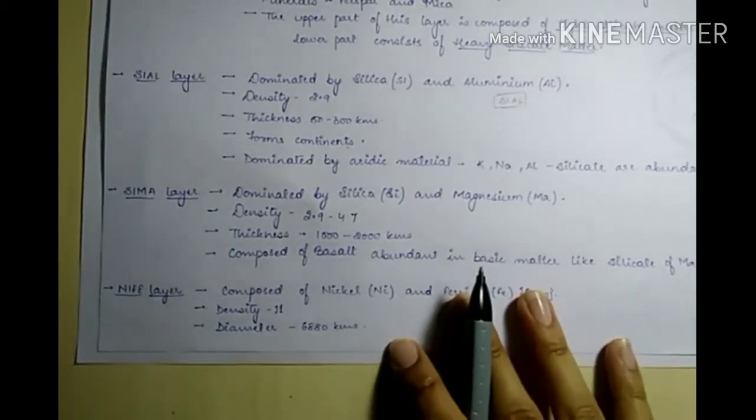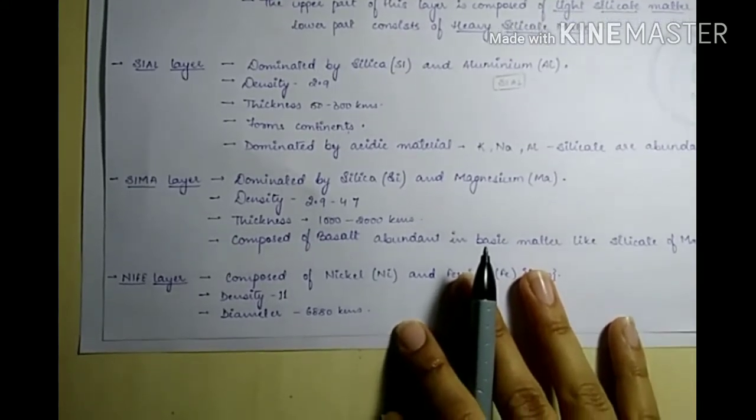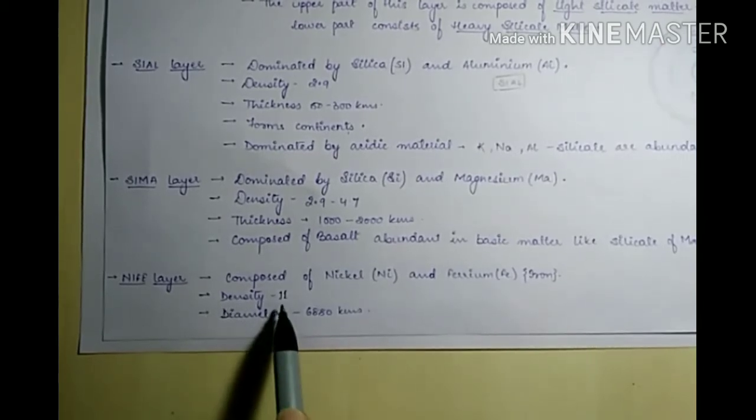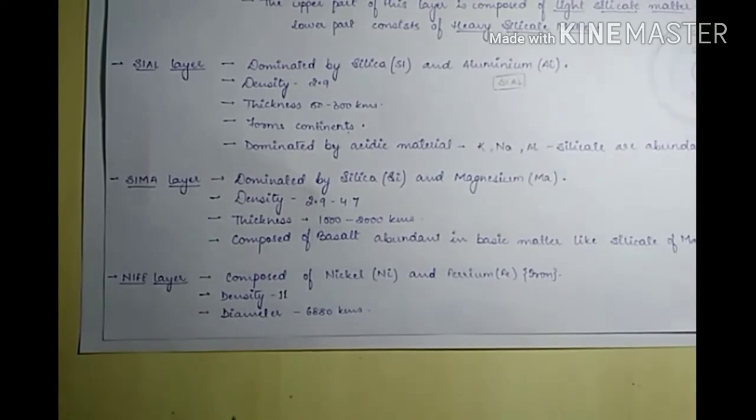Okay, and now the last layer, that is Nife. It is composed of nickel and ferrum. Ferrum is iron, ferrous. Its density is about 11 gram per centimeter cube. That is the highest density among all these layers.